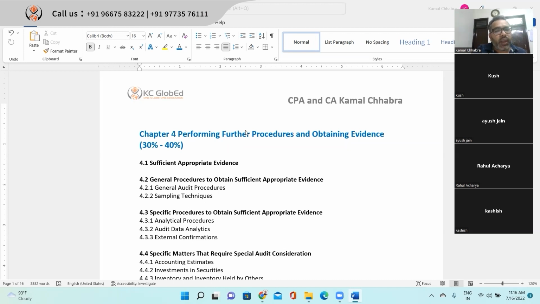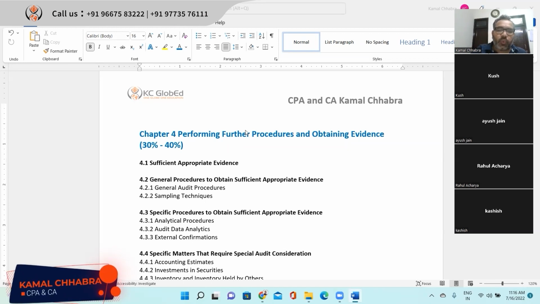If you notice any abnormalities, then you can drill down, as Kush has also explained, through those reports and reach the specific journal entry which is causing those unacceptable or abnormal relations, or unusual items. Then you can test those unusual items rather than randomly testing so many samples. So it makes the audit more effective and more efficient.